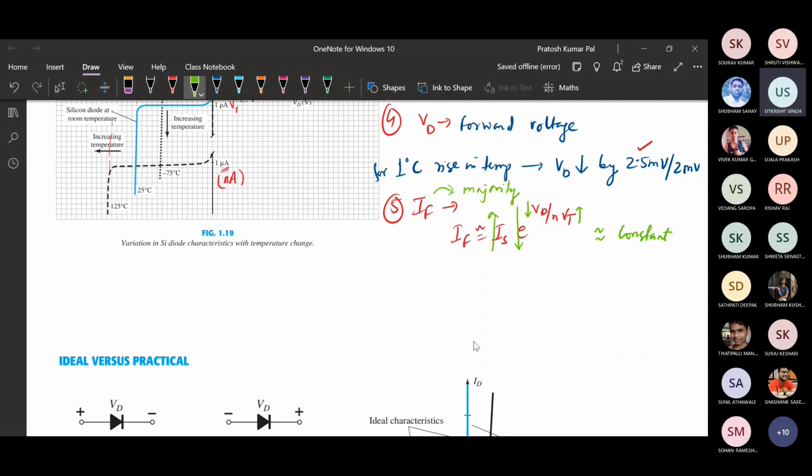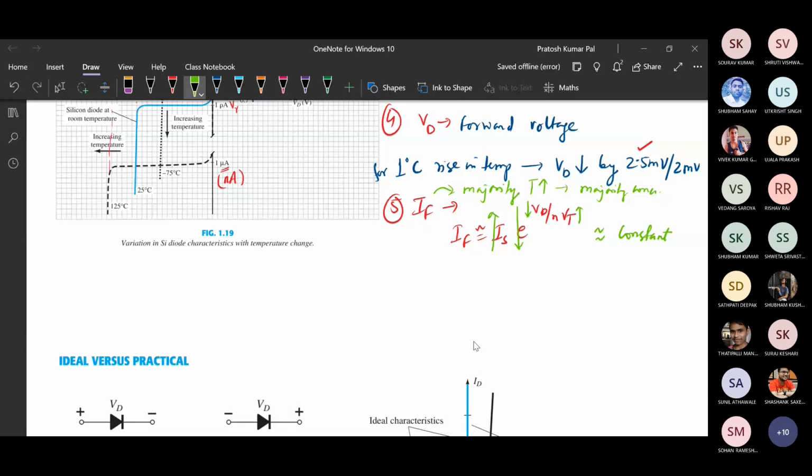Once we increase the temperature, the majority carrier concentration does not vary with temperature basically.